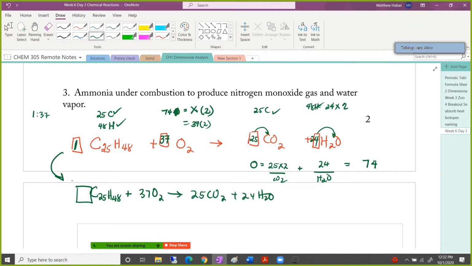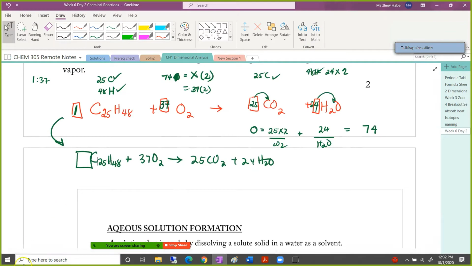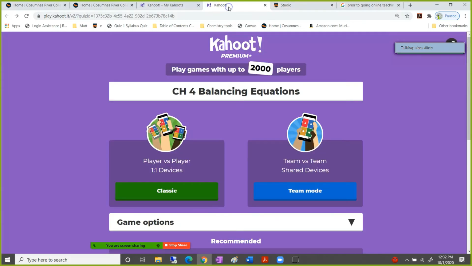During the test, however, you might be asked to write the number 1, but for practice, you don't have to write the number 1. Is this clear, guys? Because I'm going to test you. We're going to Kahoot this. Let's do a Kahoot game on balancing of equations.